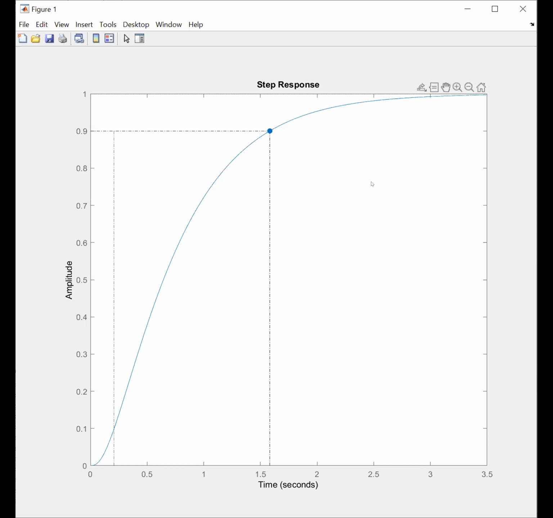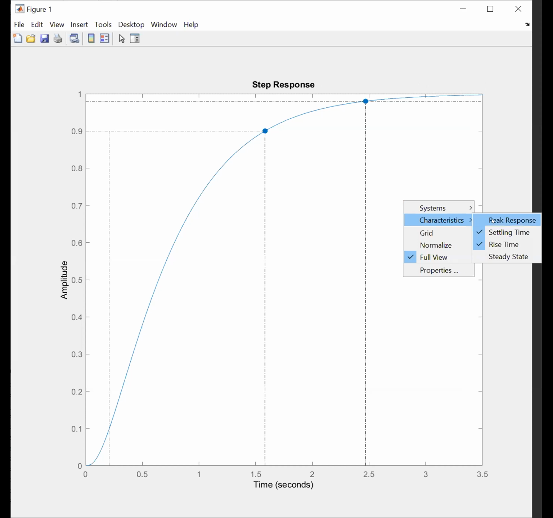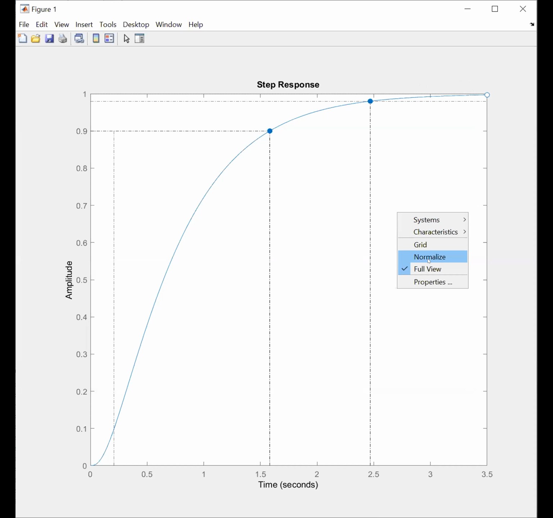So I would say rise time, then I would say settling time, I would say peak response, and you will notice, oh, my rise time unfortunately is 1.37. So I need to increase the gain a little bit further.